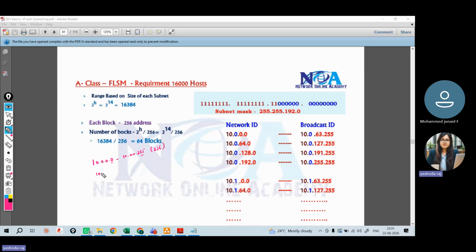Next, what is the continuation? 10.0.1.0 to 10.0.1.255. How many IPs do you get? 256. Right? Then 2.0 to 2.255, again 256 here. Yes or no? So like that, you keep on continuing with 3.0, 4.0, 5.0, 6.0 until this finishes 255.0.